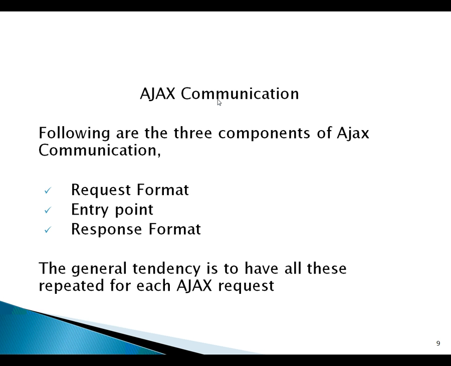That is, your request format, which is a query string, has to be coded in one place, and your entry point, which is basically a URL that you hit for your Ajax calls, will be repeated across all the modules. Those need to be taken care of in the extension module of the application core such that it is not repeated and it is easily maintainable.